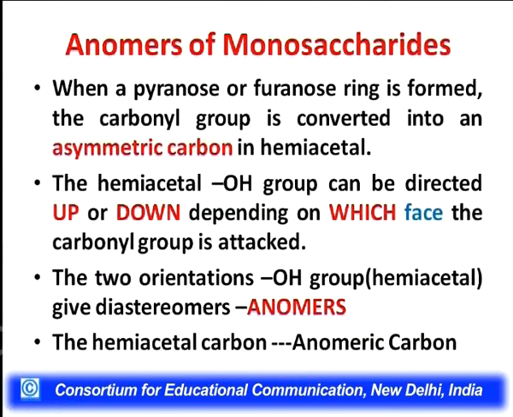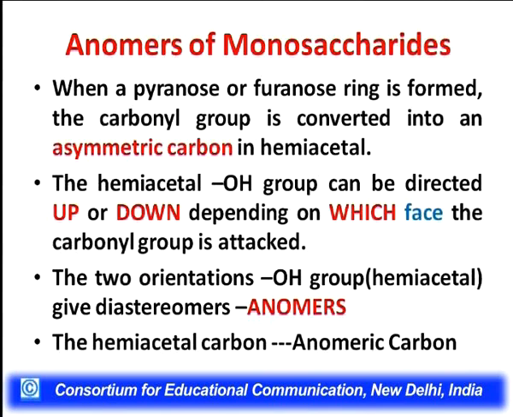Now let us look at what I mean by anomers of monosaccharides. I have been using this term again and again. When a pyranose or a furanose ring is formed, we have already seen that the carbonyl carbon is converted into an asymmetric carbon in a hemiacetal structure. The hemiacetal OH group can be either directed up or directed down.